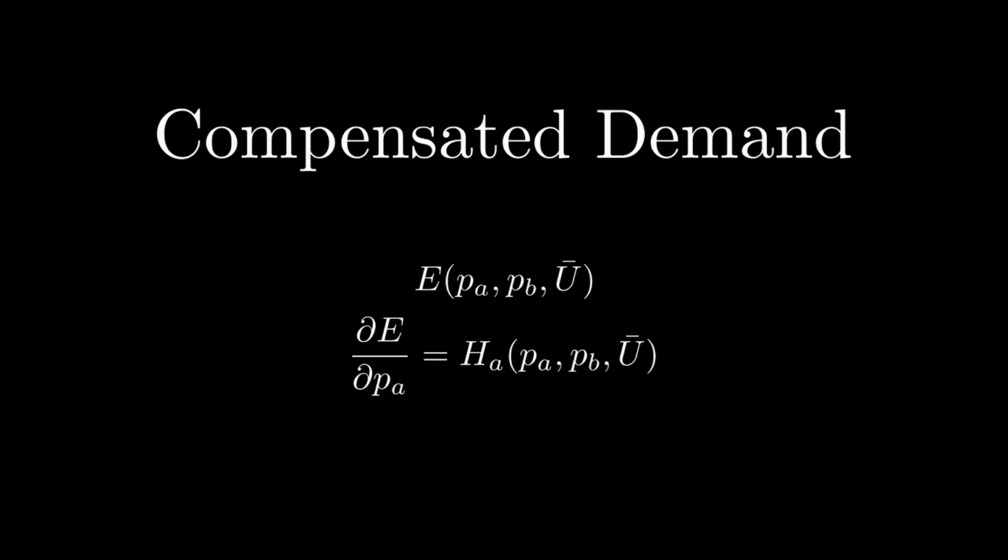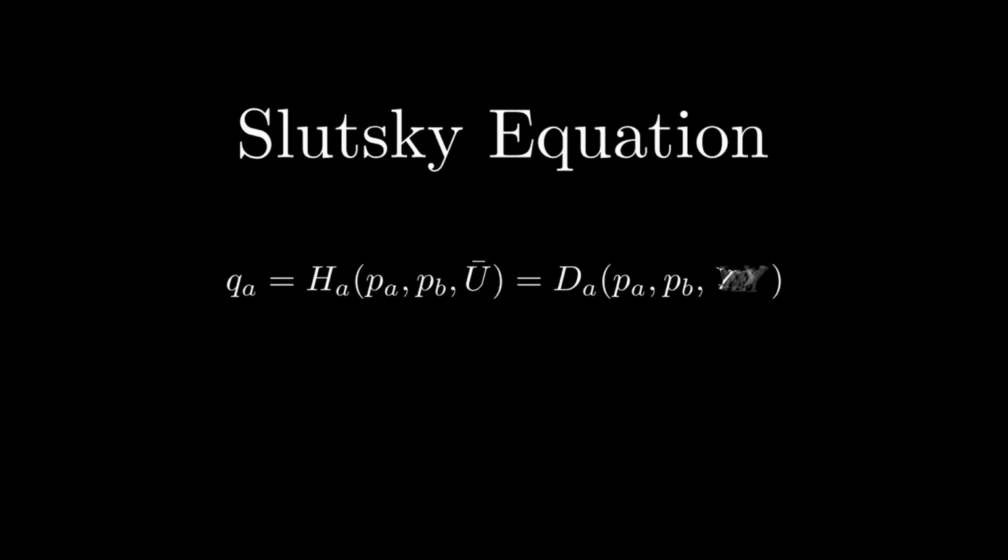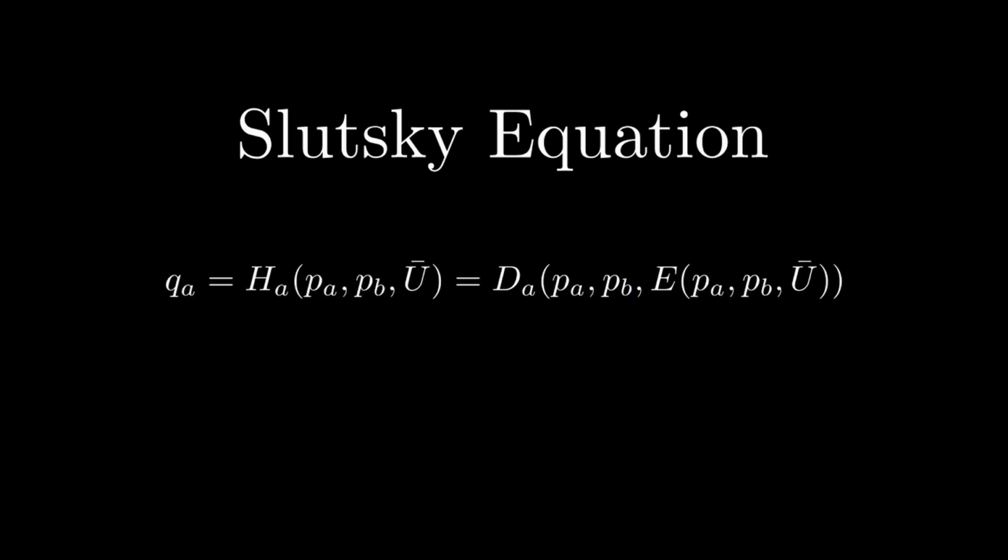We can also observe this decomposition of a price change mathematically via the Slutsky equation. To see this, let's start with an identity setting the income Y in the Marshallian demand such that it returns the same utility level U bar that defines the Hicksian demand. And this is an identity.